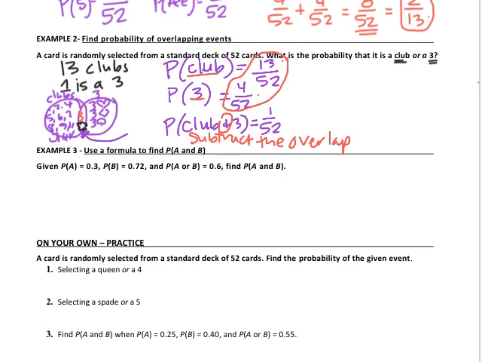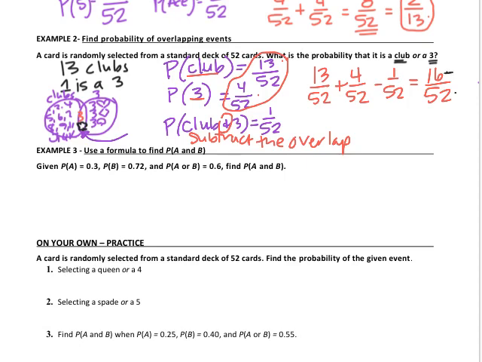All right, so what is 13 over 52 plus 4 over 52 minus the overlap, 1 over 52? Now we have all common denominators. 13 plus 4 is 17, minus 1 is 16, so 16 over 52. And it looks like, again, we can use 4 as a common factor of 16 and 52.